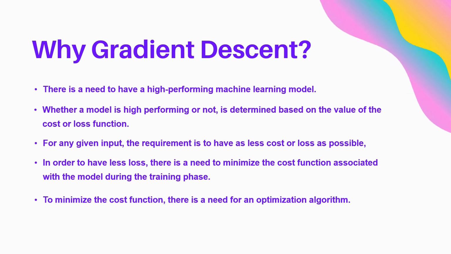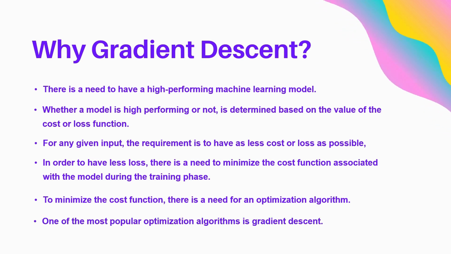And in order to minimize the cost function, we need an optimization algorithm. One of the most popular optimization algorithms is gradient descent. So now let's look into what exactly gradient descent is.